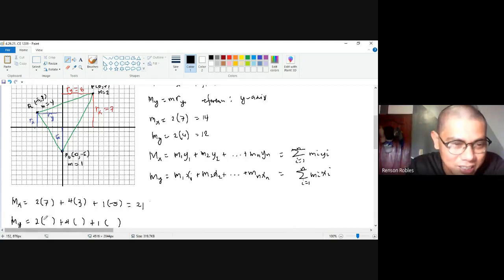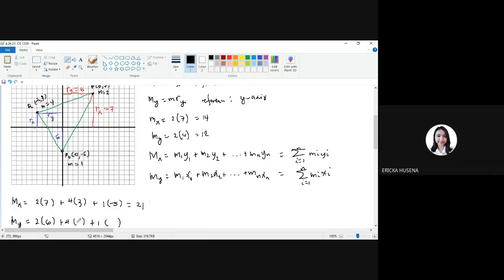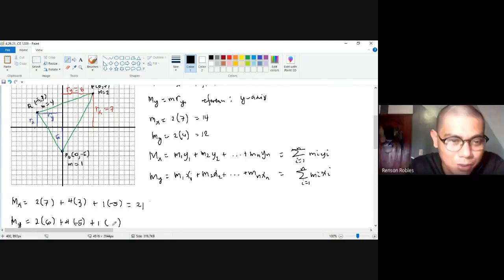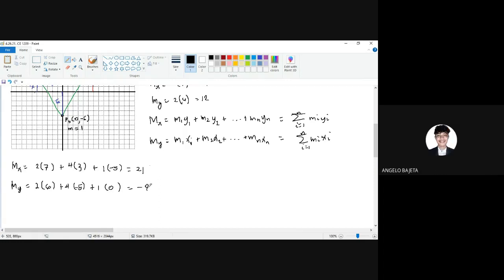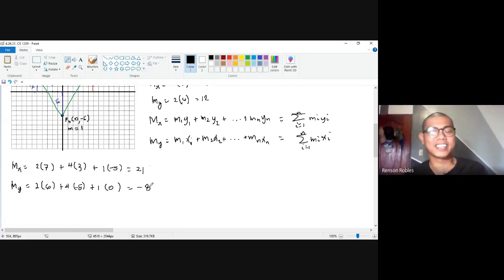This is 6. Then, this is negative 5. Okay, go. 0 po. Okay, and then we compute. 12. Negative 20? Negative 8, sir po. Alright. Okay, tama na yan, no?